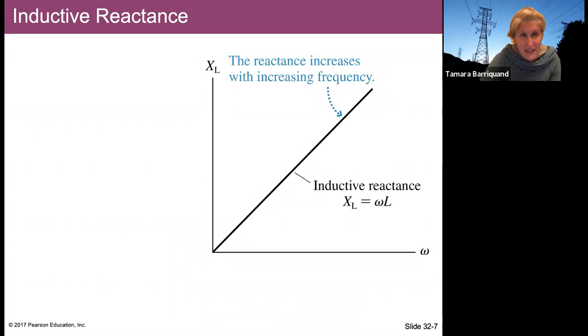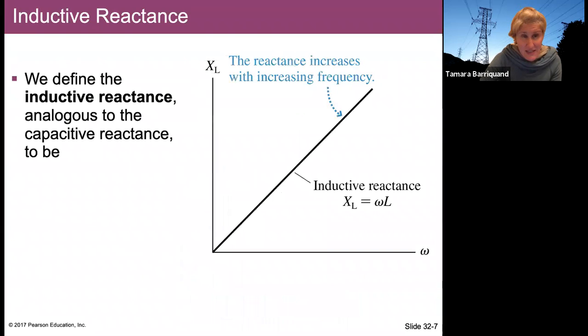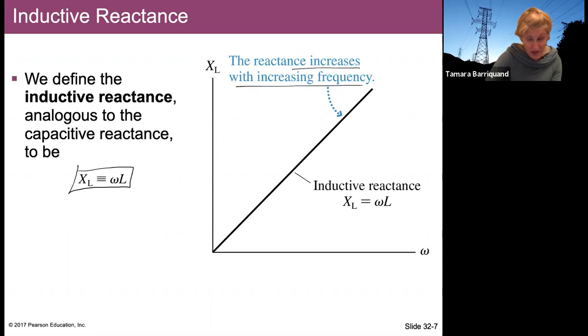So we can define the inductive reactance, which is analogous to the capacitive reactance, to be X sub L equals omega times L. So in this case, what we see is that the reactance is directly proportional to omega, the angular frequency. So the reactance increases with increasing frequency.